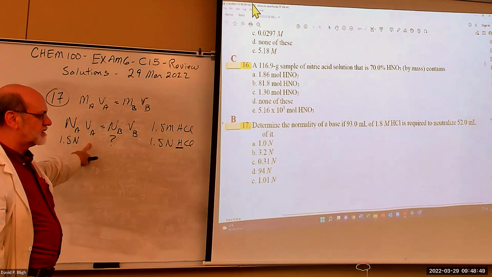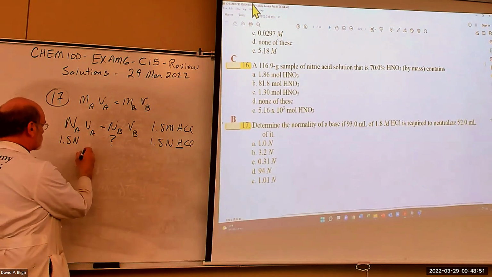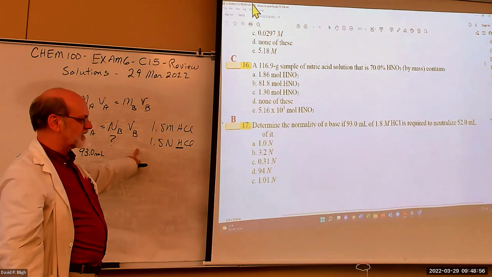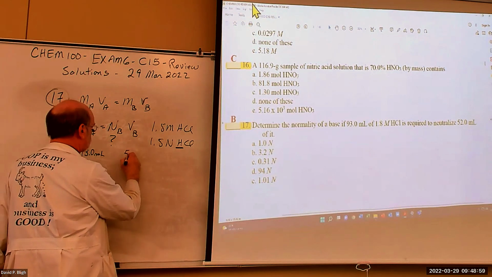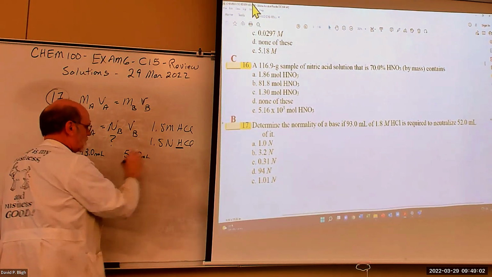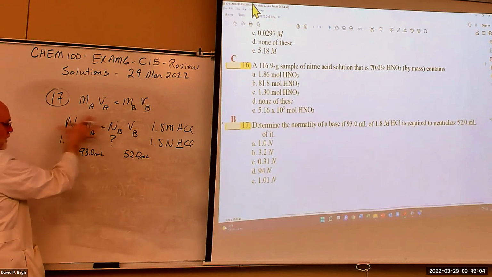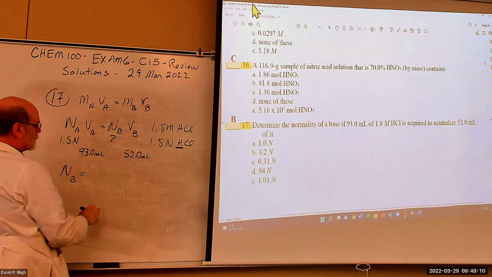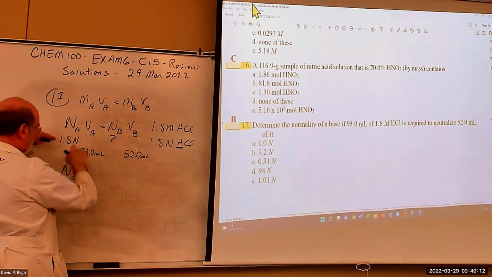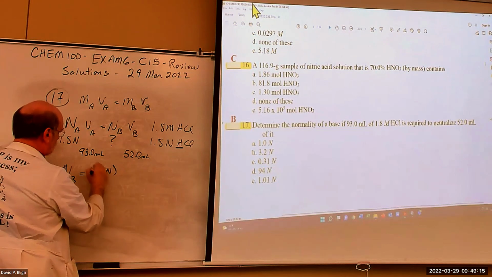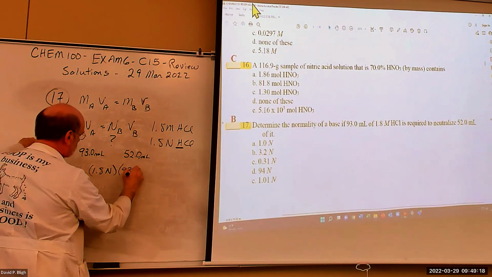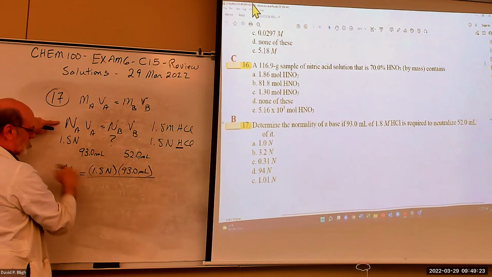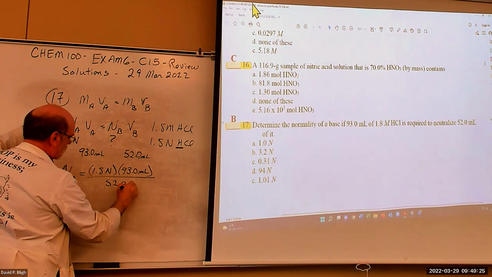The volume of the acid is 93 milliliters, and the volume of the base that's neutralized is 52 milliliters. So we have one unknown in this formula. That means the normality of the base is equal to 1.8 normal times 93 milliliters divided by 52 milliliters, the volume of the base, which comes over to the denominator.